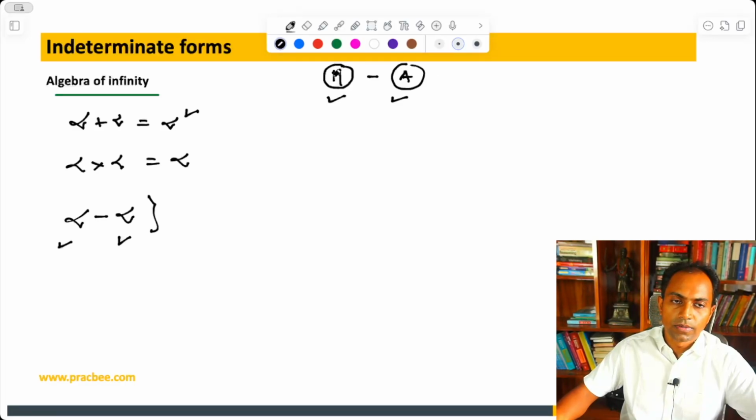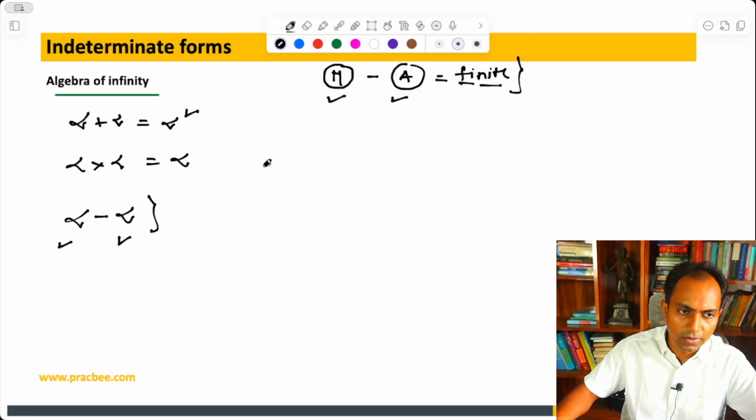So if I subtract those infinite wealths, the answer can still be a finite number. Let us say that one of them is 1 billion rupees, another one is 1 billion and 10 rupees. If I subtract them, there is a possibility that the answer could still be finite. So let us say that in that scenario, 10,000 rupees are left. This is what we are trying to tell.